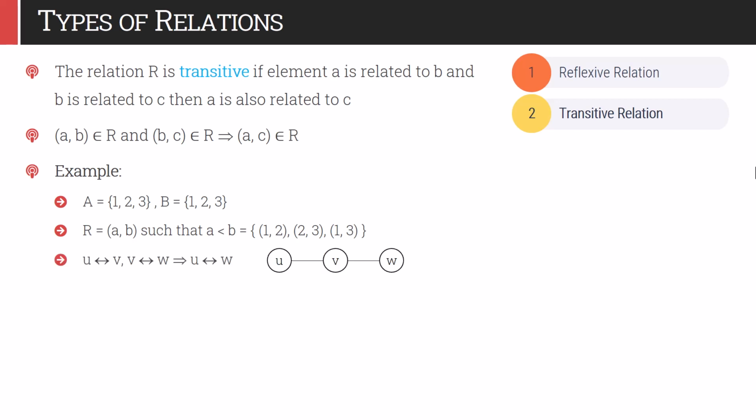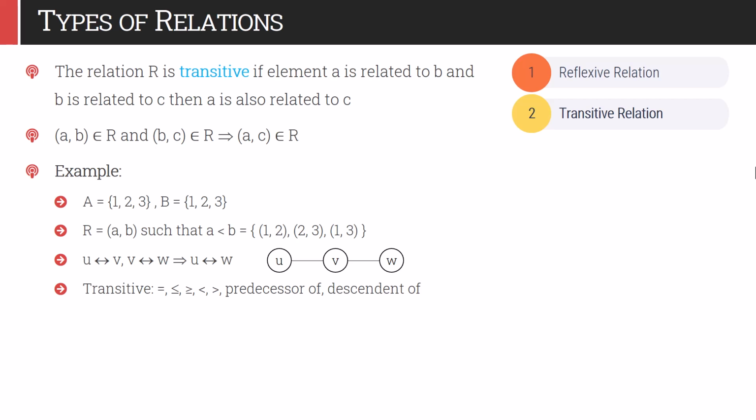Another example of a transitive relation: if we can move from vertex U to V and we can move from V to W, then we can definitely say that it is possible to move from U to W. So this reachability property: we can reach from U to V, we can reach from V to W, so definitely we can reach from U to W via V. So reachability is also a transitive relation.